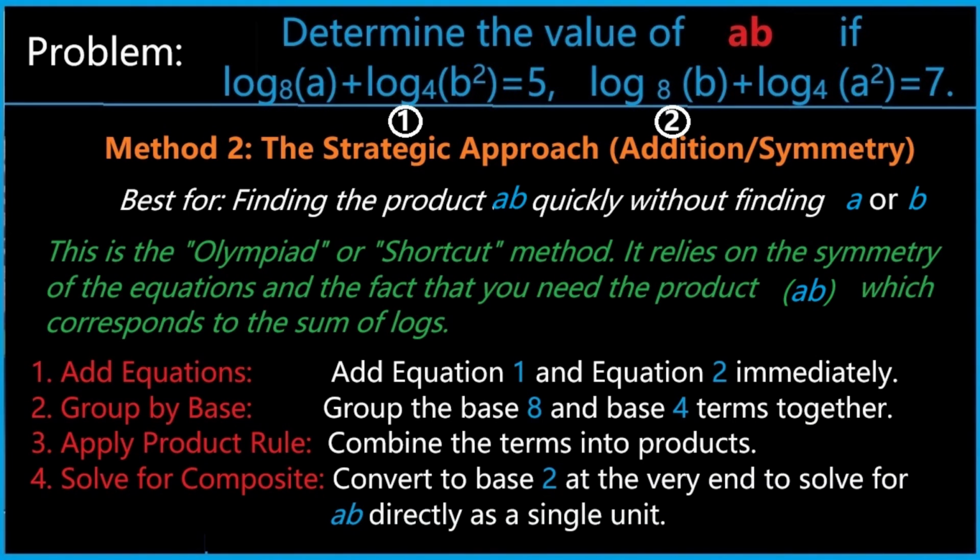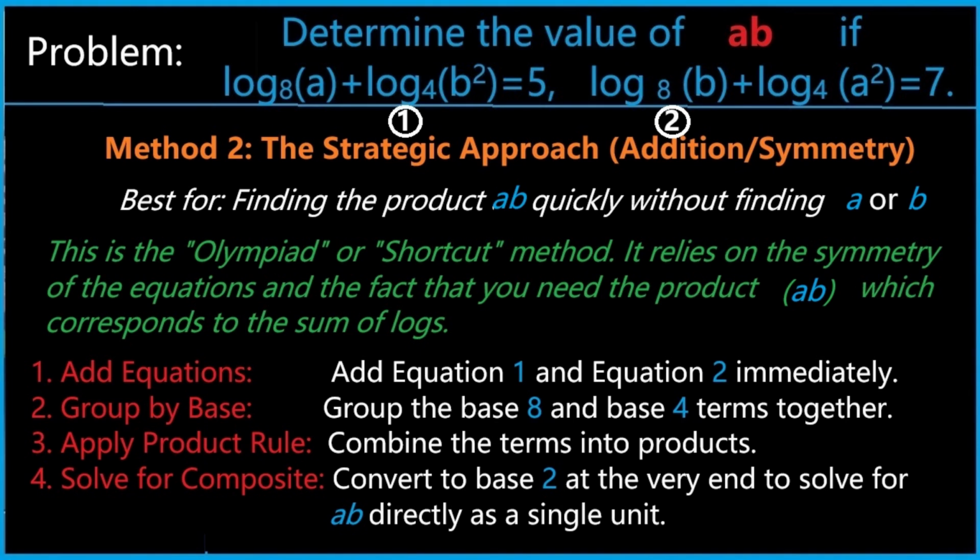Summary of Method 2. The strategic approach, addition and symmetry. Best for finding the product ab quickly without solving for a or b individually. This is the classic Olympiad shortcut. It takes advantage of the symmetry in the equations and the fact that the product ab corresponds to the sum of logarithms. Step 1. Add the equations.